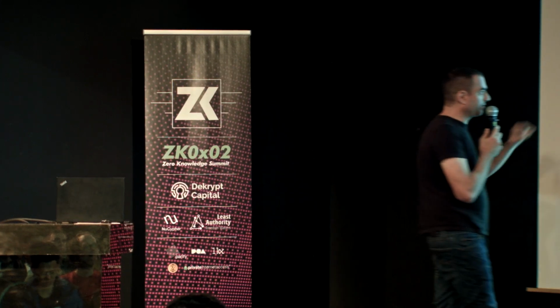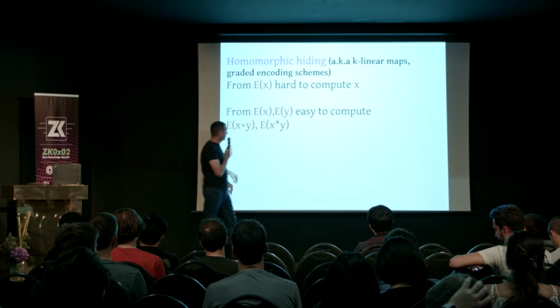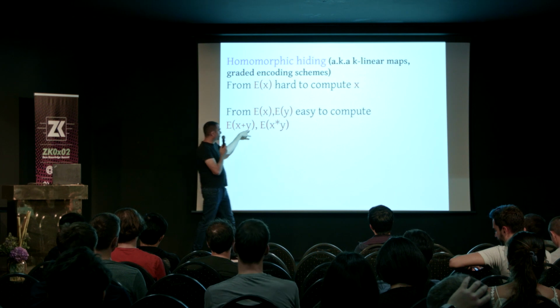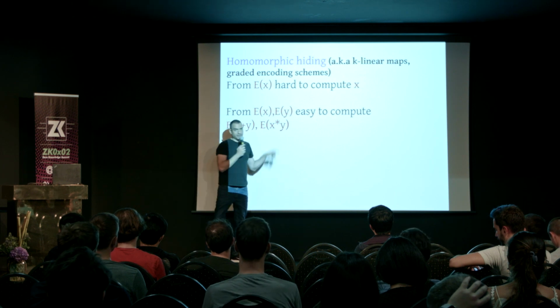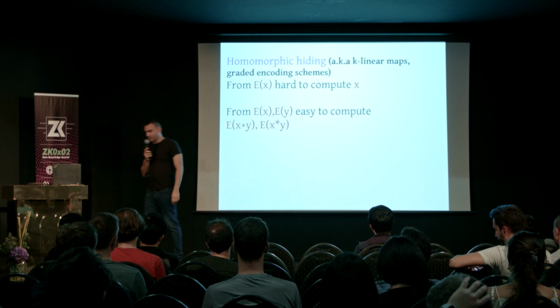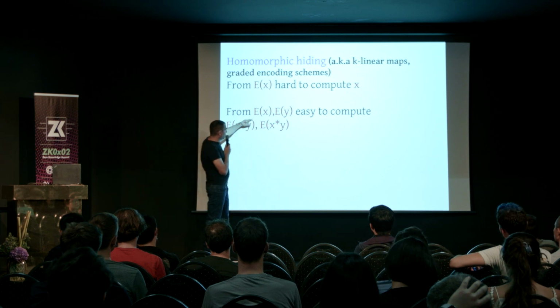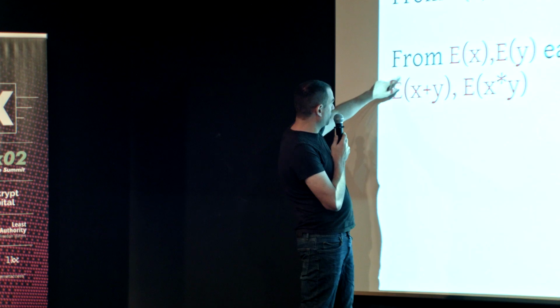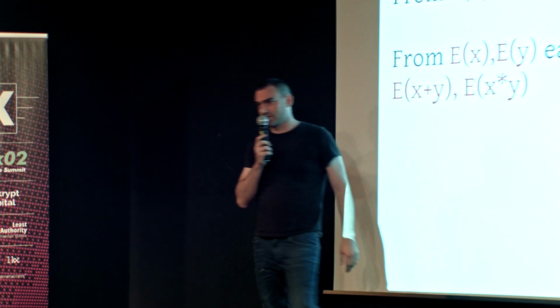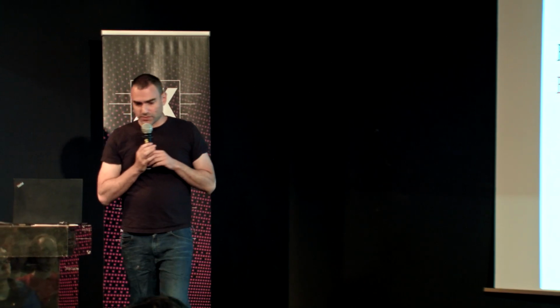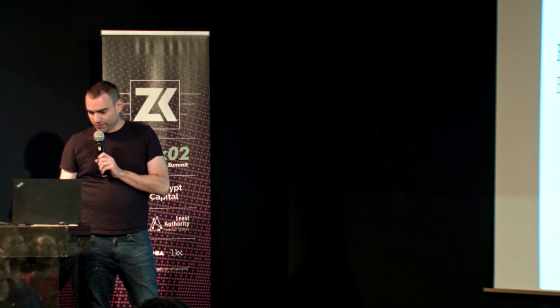So for example, I give you the hiding of x and y, you'll be able to compute the hiding of x plus y and the hiding of x times y. Small note, I'm simplifying. You can't actually get anything like this. It's going to be some E prime here instead of E. All right, so that's basically the idea of homomorphic hiding.